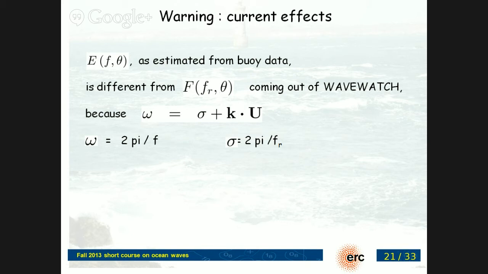If you only have a time series with a pressure record, it's impossible to go from this frequency spectrum to that one because you don't know the direction of the wave. So it's better to process the wave model output to look like your measurements rather than the other way around.